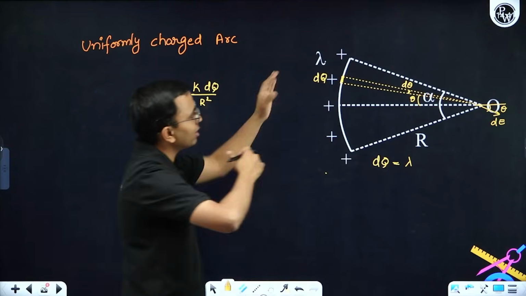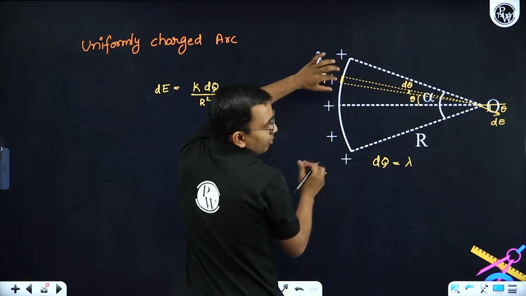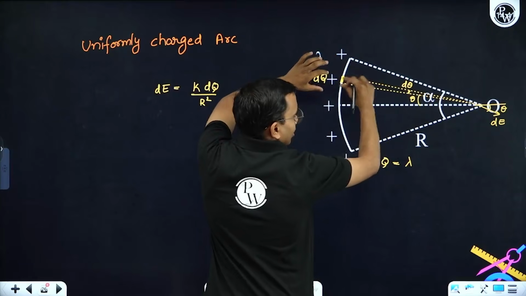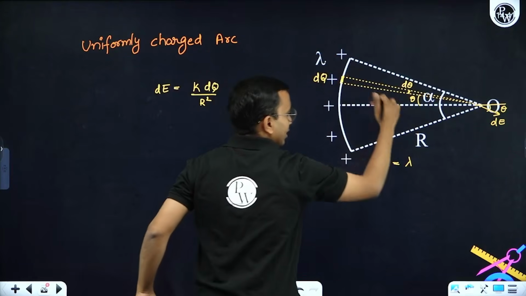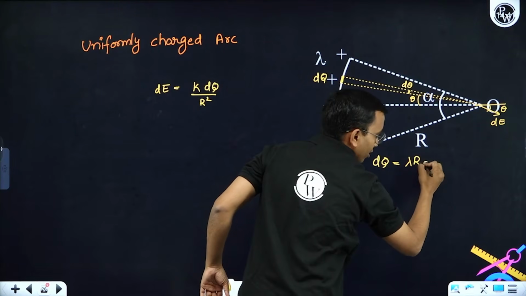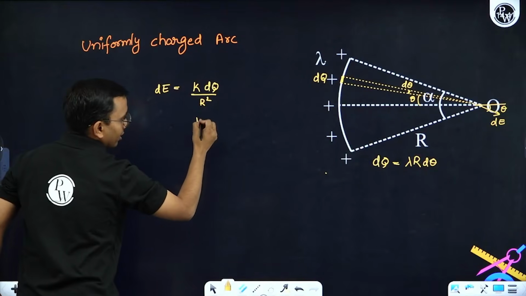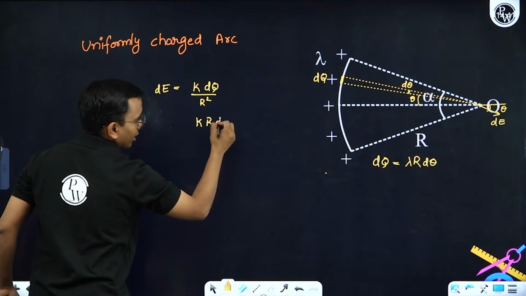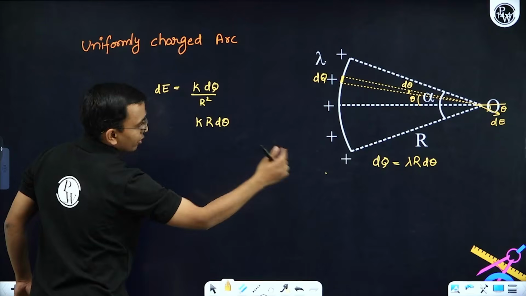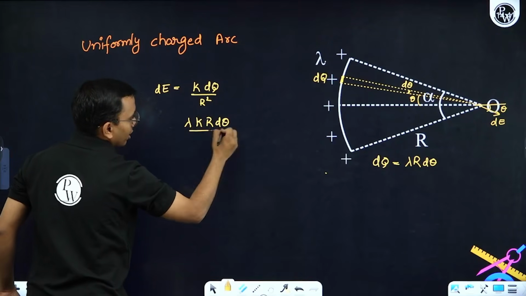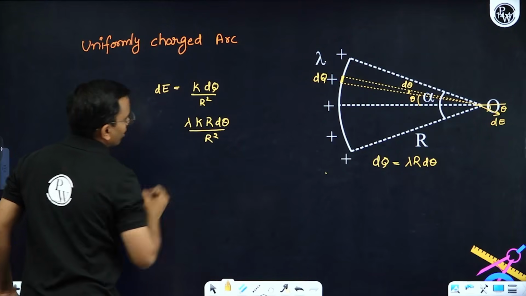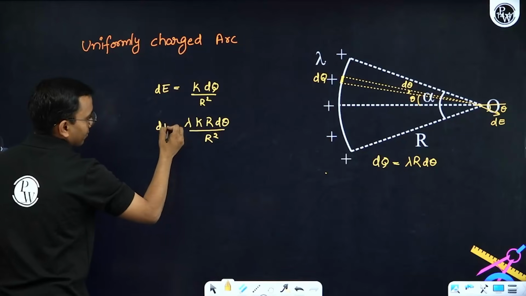Length of arc is radius into the angle subtended by the arc. How much angle is this small arc subtending? d theta. So this length will become R d theta. Putting R d theta here, lambda is also there. This is my dE.